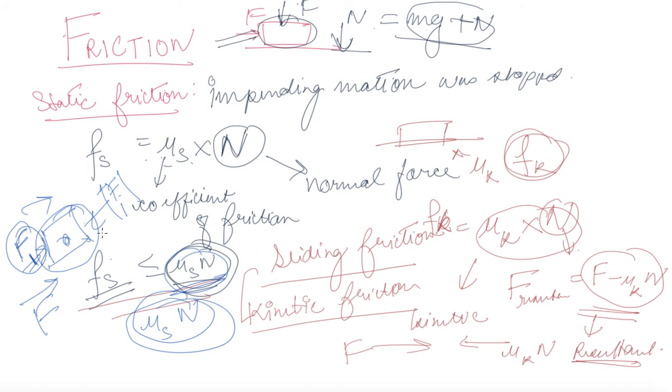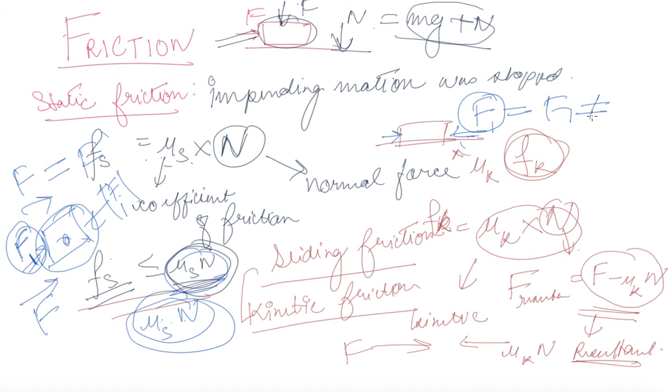If I give a force which is less than mu s into N, then the static force that the surface gives to keep the body from moving is simply F. It need not be mu s into N. When we apply F1, the resultant force applied by the static friction is F1.